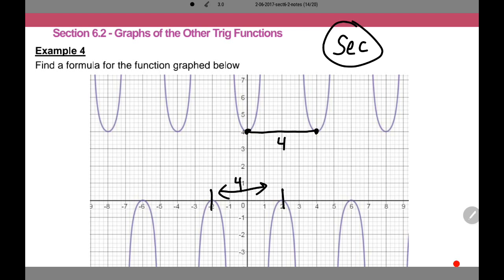So that's my period. If I want to do half my period, I can go from top to bottom, and then that would be half my period. But again, my function is going to have the same kind of period as we did before. 2 pi divided by that number 4 will give us our value in our function. Alright, so that's pi over 2.